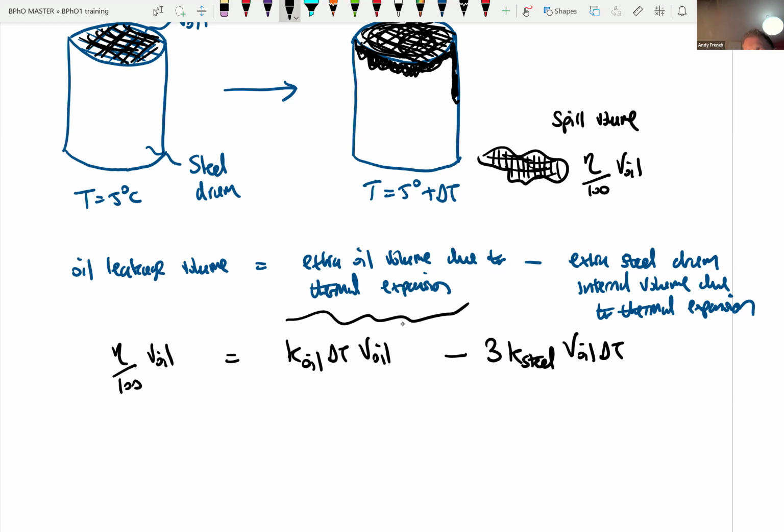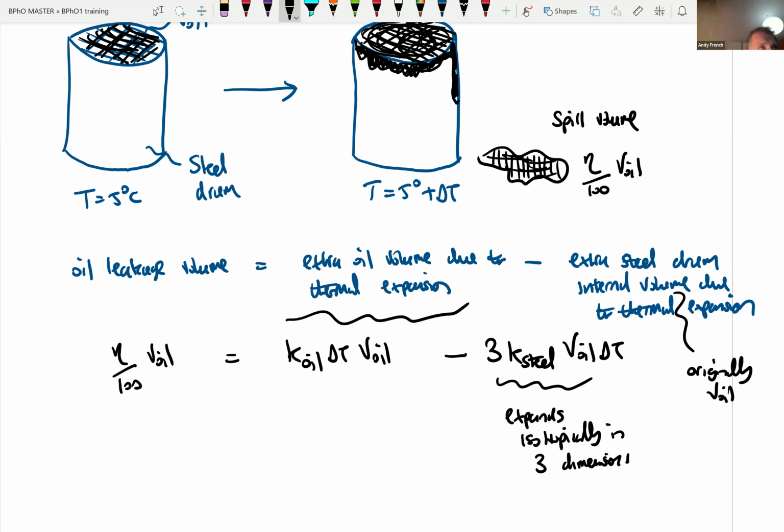Well, because it's the internal volume, which is originally V oil, and it's going to expand in 3 directions. So let's mention that: it expands isotropically in 3 dimensions.